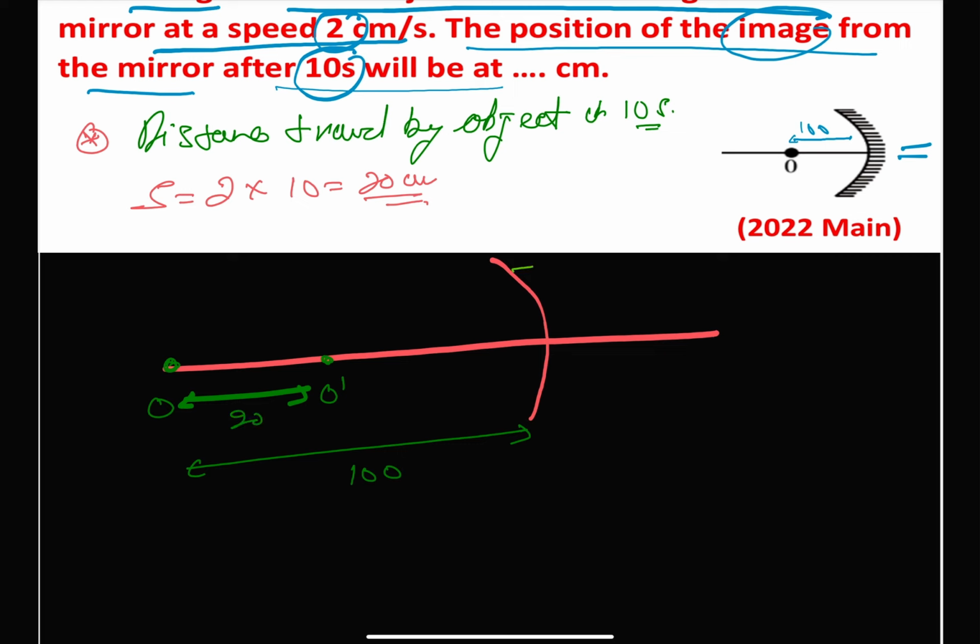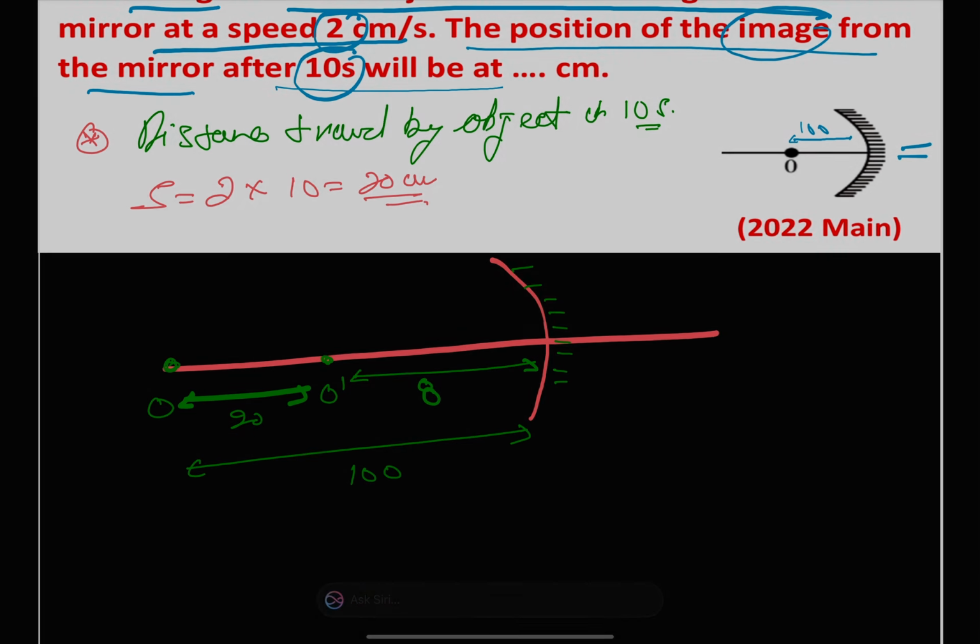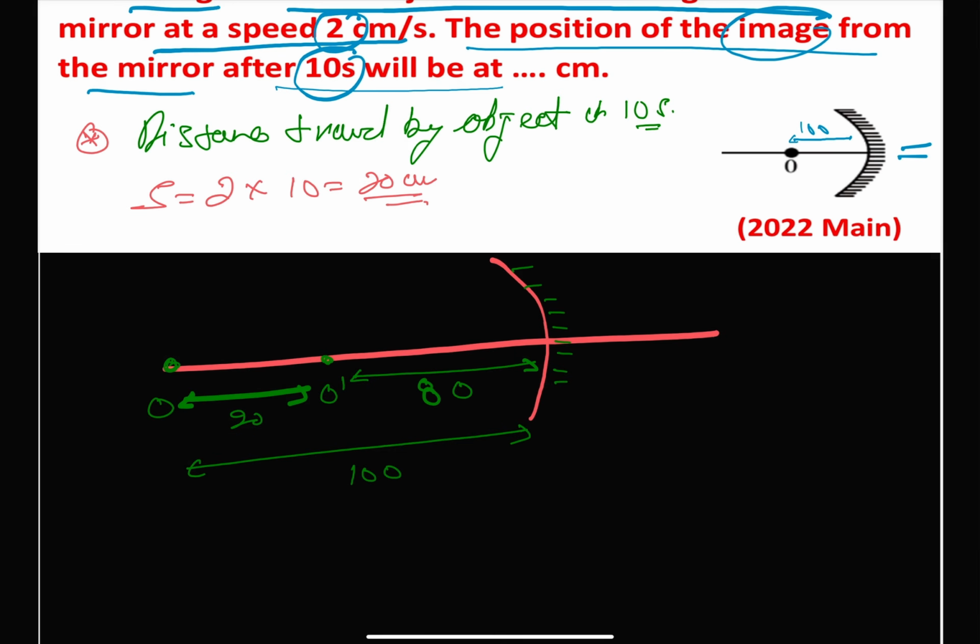So with respect to this mirror, the distance between the new position of the object, that is O prime, and the mirror is 80. And we have to find out the position of the image.